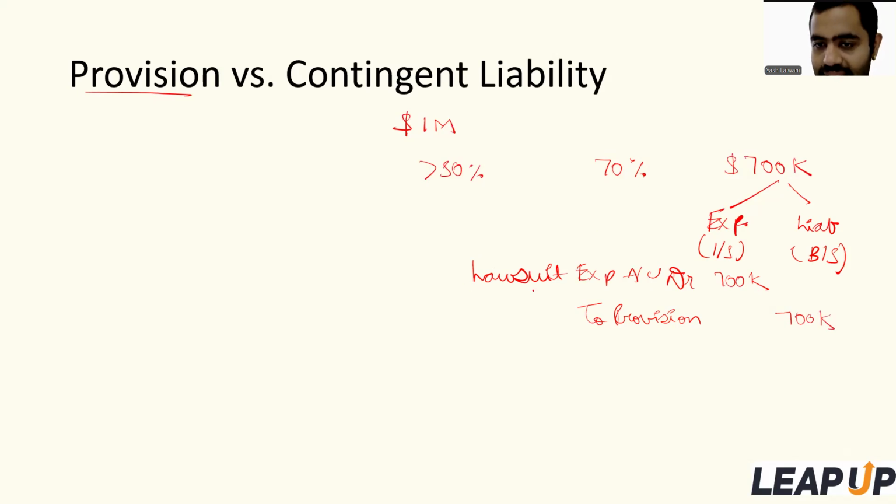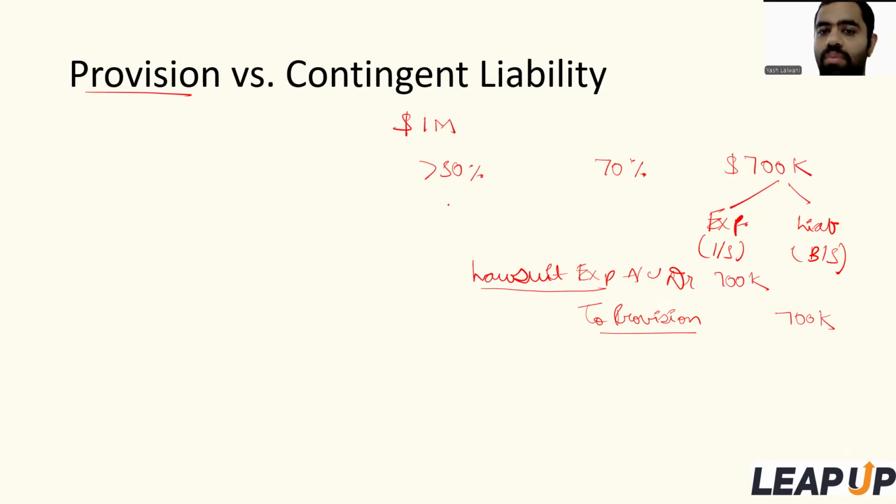So we are recognizing an expense in the income statement by debiting it, and at the same time we are creating a liability and recording it on the balance sheet. This is what a provision liability looks like, where we create a corpus, we keep it aside so that we can utilize it as and when the liability hits us.